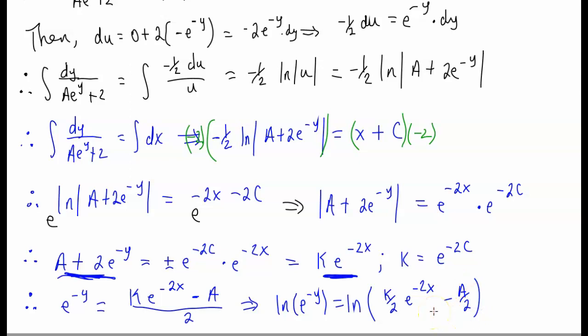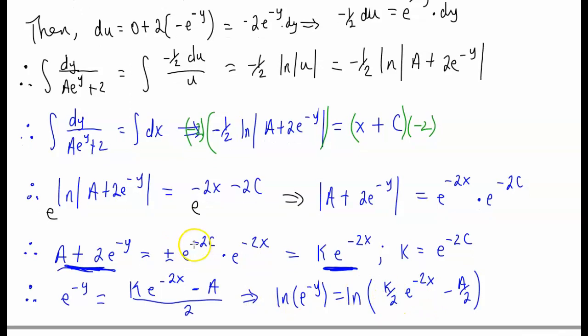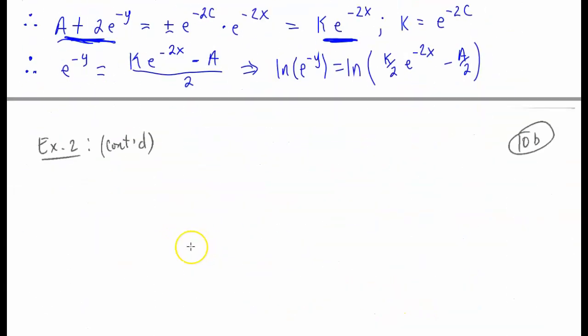Okay, so we have that in play here, and of course this left side is just going to be minus y, and over here we'll keep everything as is. All right, so let's move down and try to finish this one up here.